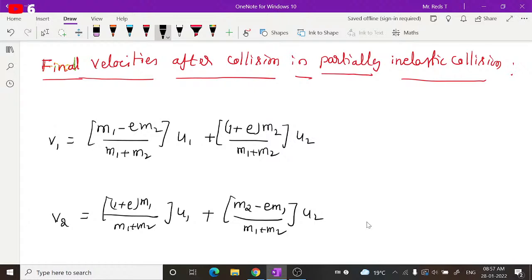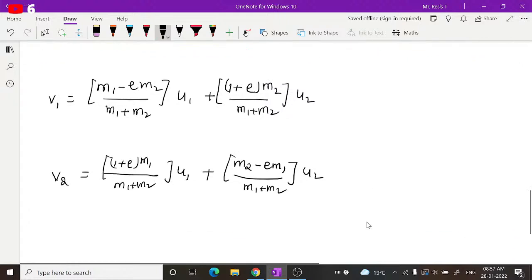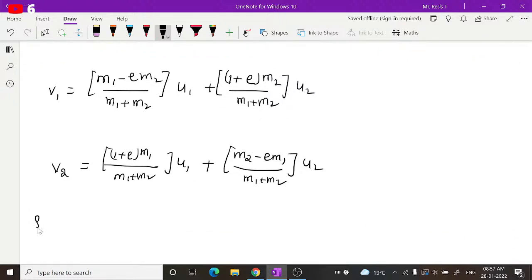Here we can discuss one special case also. Special case 1: if the bodies are identical, M1 is equal to M2 is equal to M, and the second body is at rest, and they are undergoing partial inelastic or inelastic collision, then the final velocities are given by V1.